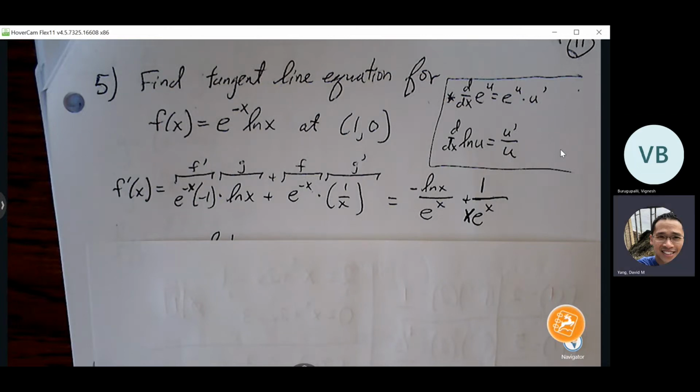Once you find the derivative, you can clean up a little bit, though the derivative is not that important in this form. We just want to find the slope. So if you're ready to plug in, you can. I just decided to clean it up a little bit more before I plugged in 1 to get the slope.